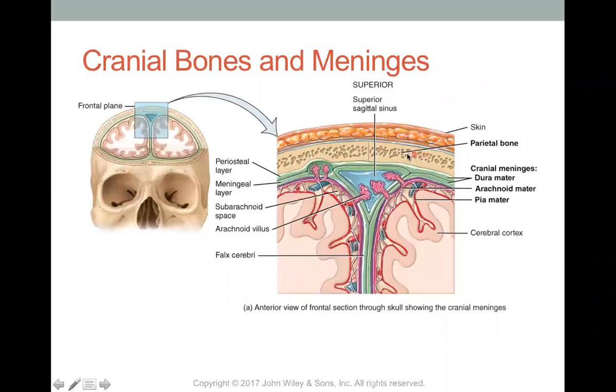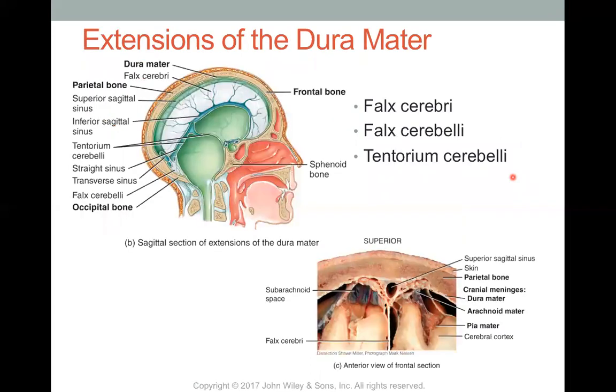So the thin layer of parietal bone here from our section, and then the three layers of the cranial meninges, which are continuous with the spinal meninges that we talked about, and thus are named the dura mater, arachnoid mater, and pia mater. Three extensions of the dura mater will separate parts of the brain. Those are the falx cerebri, falx cerebelli, and tentorium cerebelli.